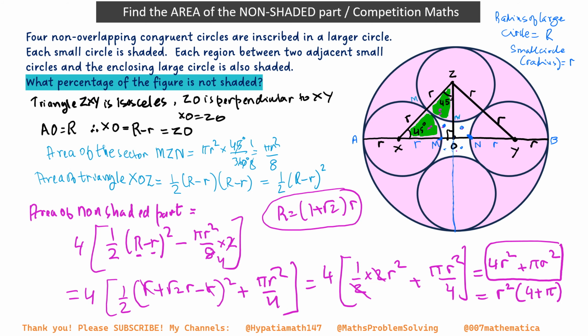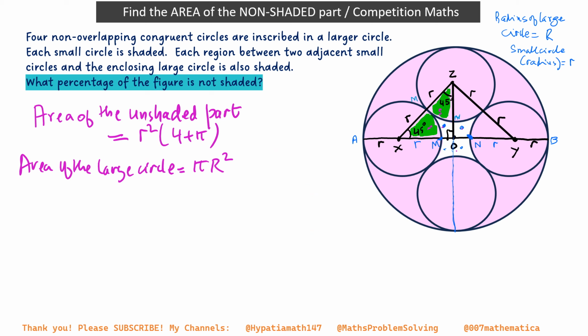So R is 1 plus root 2 times small r, times R, times 1 plus root 2 square, that is pi r square times 1 plus root 2 square. We keep it like that because we need to find the percentage.